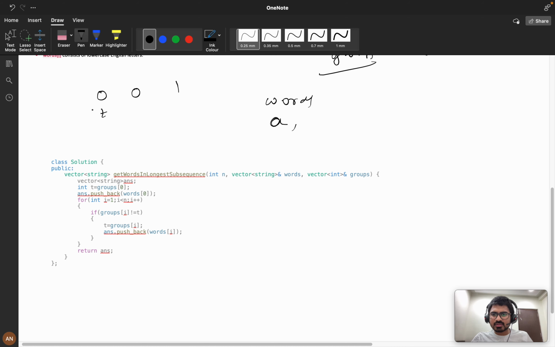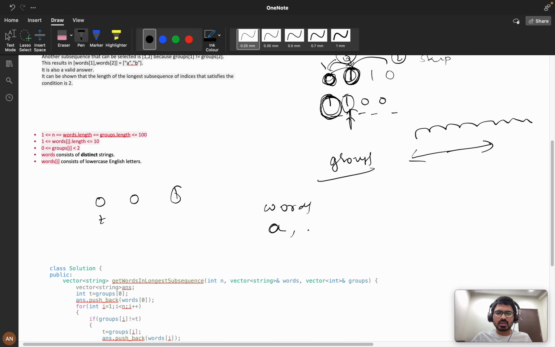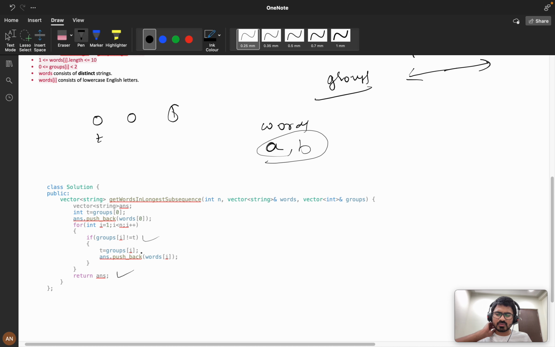If these are equal, I am not considering. This one and this 0 are not equal, so at index 2 we have B, so the answer is A B, and we are returning our answer. If it is not equal, we update t, we push into the answer, and we return the vector.